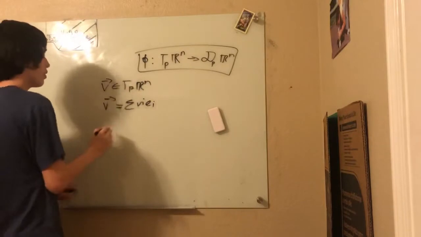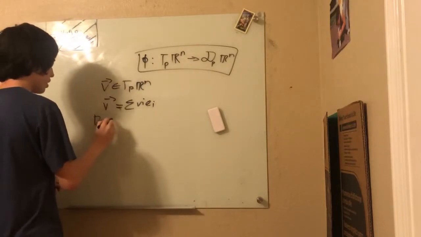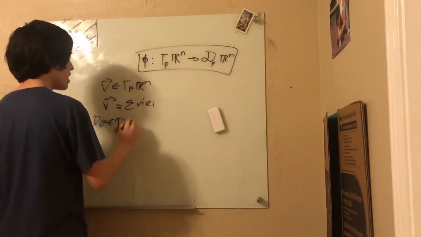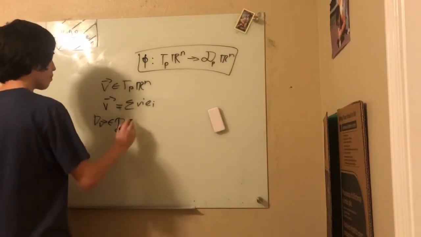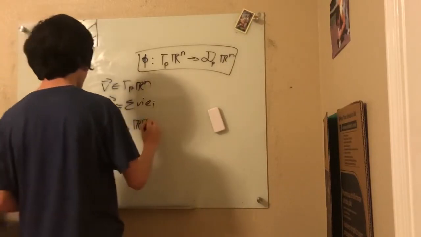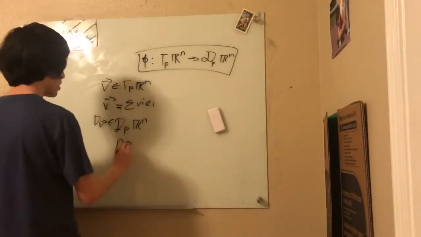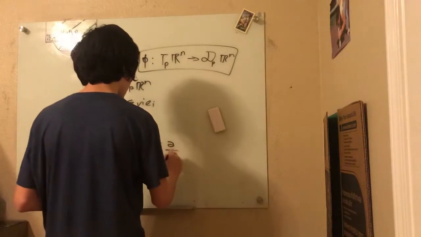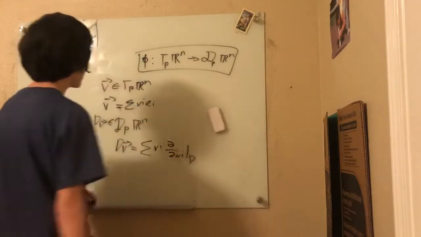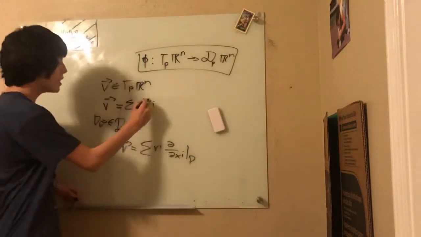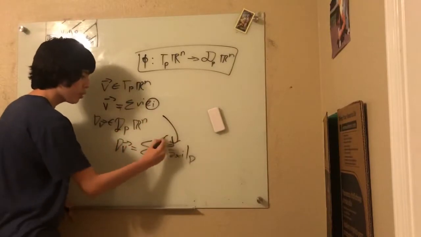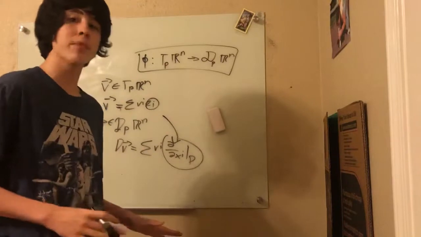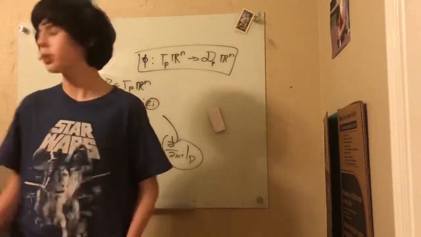And then for a derivation in D of P of Rm, this derivation is going to be equal to the sum of Vi times d of xi at P, which means this basis right here can correspond to this basis, using the fact that in an isomorphism, you can look at this in linear algebra.